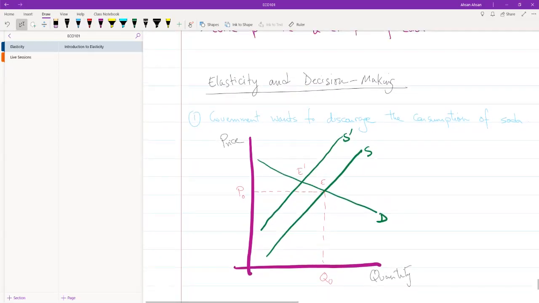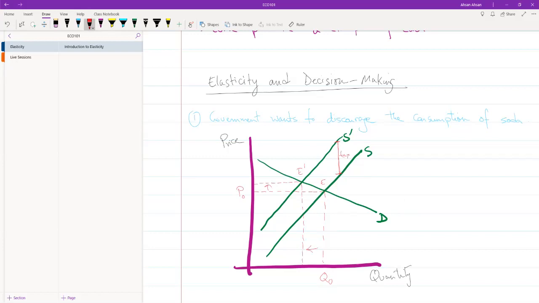And so what the government effectively does by imposing the tax, this area, let me draw it better. This is the tax amount. Don't worry if you don't understand it, you will do it later. But what has happened because of this shift is that the price of soft drinks has gone up, and as a result, consumption has fallen.